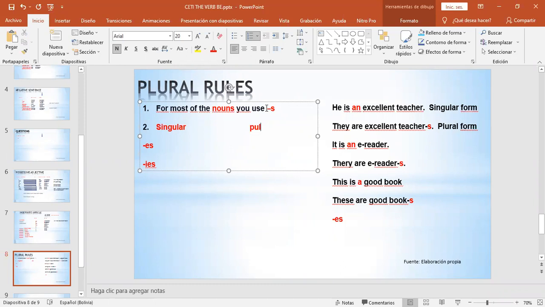Okay, so we have singular, and we're going to have plural. Singular is a doctor, plural, doctors. From singular to plural.